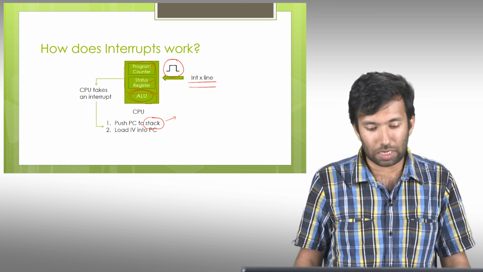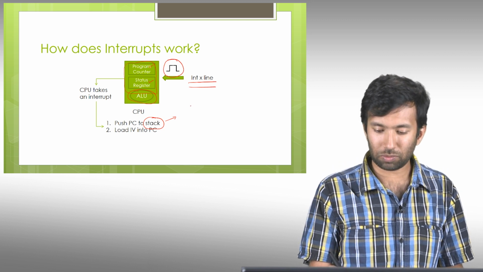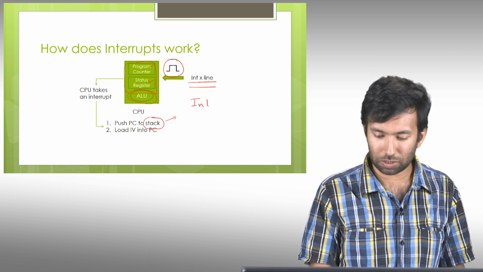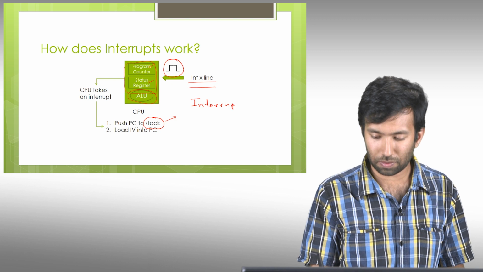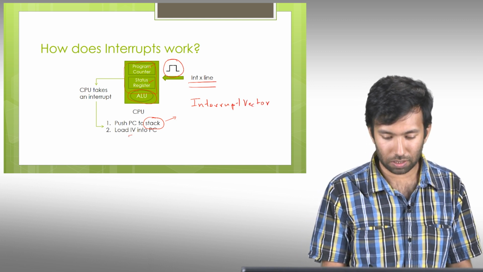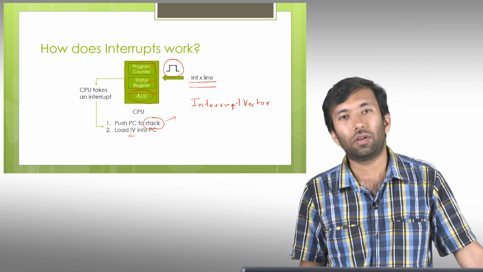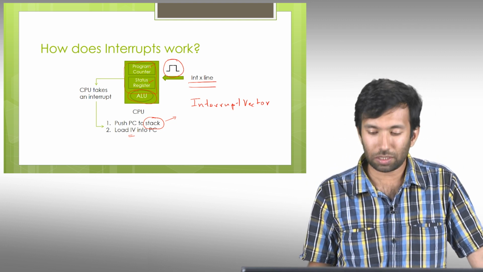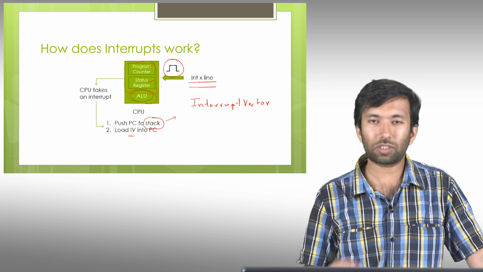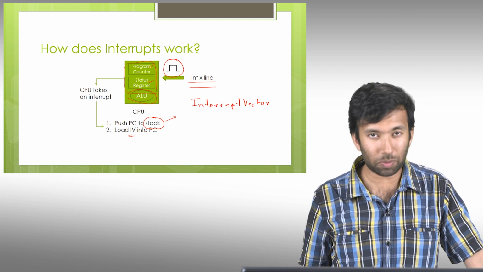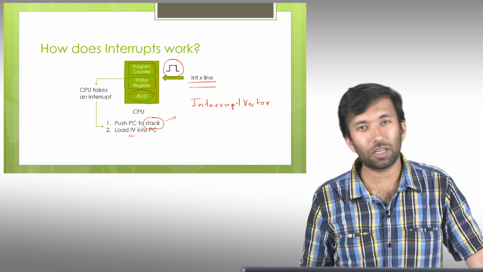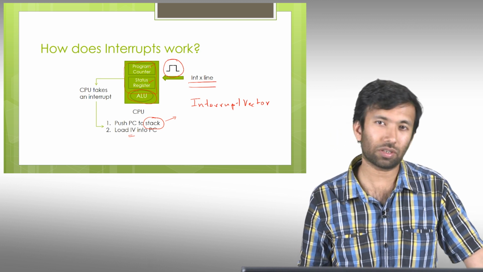Then it searches for something called an interrupt vector, or IV. What is this interrupt vector? Remember, the main purpose of taking an interrupt is to redirect the execution of the CPU.